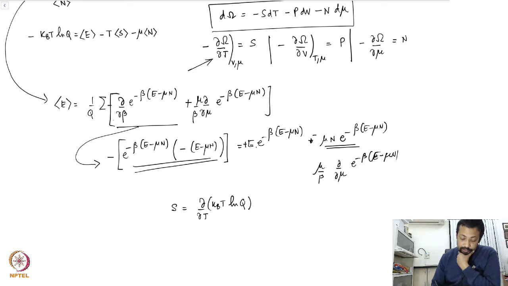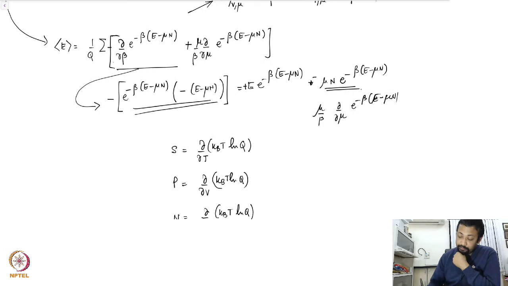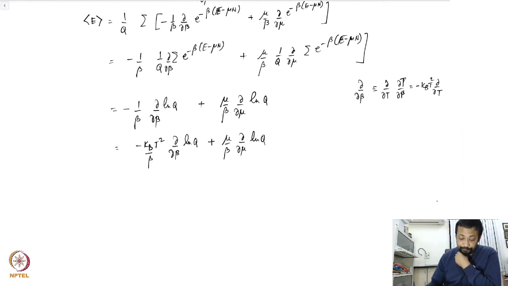And that becomes e to the power minus beta e minus mu n, and then you have a minus mu n e to the power minus beta e minus mu n. But this particular term is del mu of e to the power minus beta e minus mu n, because if you take a derivative with respect to mu now, you will bring down beta times n, and so I'm dividing by beta, and therefore this is not going to be there.